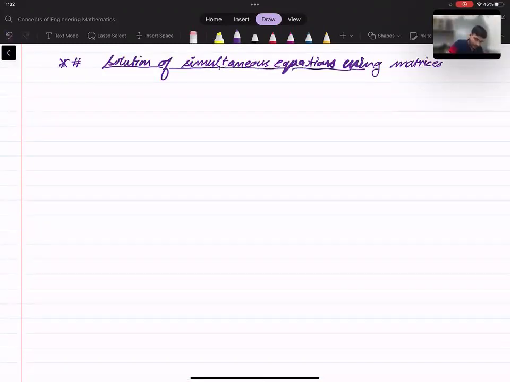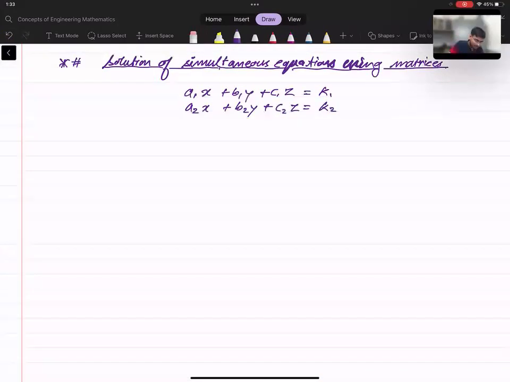So say we have a set of equations like a1x plus b1y plus c1z is k1, then a2x plus b2y plus c2z is k2, and then a3x plus b3y plus c3z is say k3.